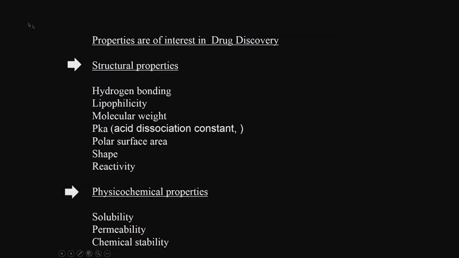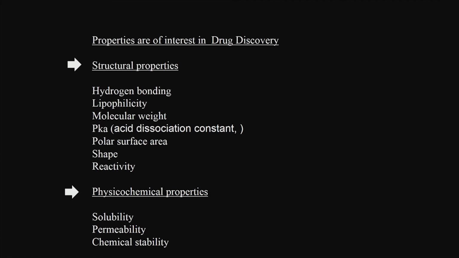Okay. So, what are the structural properties? Hydrogen bonding, lipophilicity, molecular weight. pKa is the acid dissociation constant, polar surface area, shape, reactivity. These are the structural properties which affect your solubility, permeability, chemical stability, because inside the stomach we are talking pH in terms of 2.